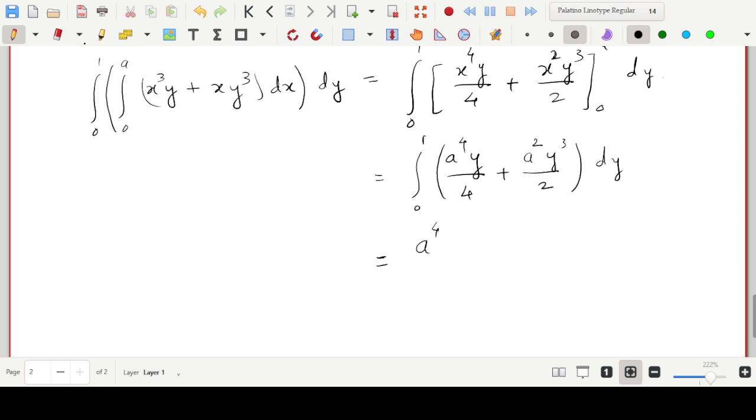The integral of y is y square over 2, so a power 4 y square over 8 plus a square times the integral of y cube, which is y to the power 4 over 4, so a square y to the power 4 over 8. And the limits of integration are 0 to 1.